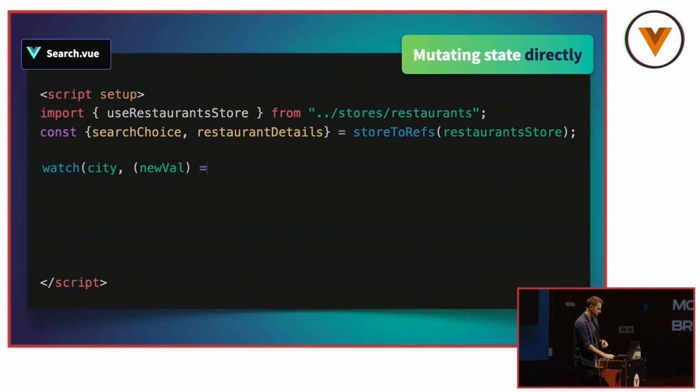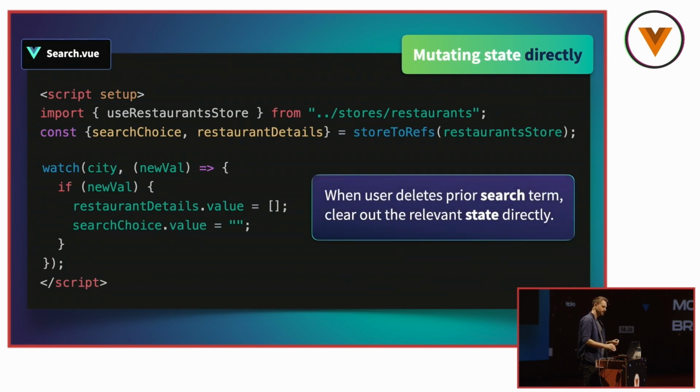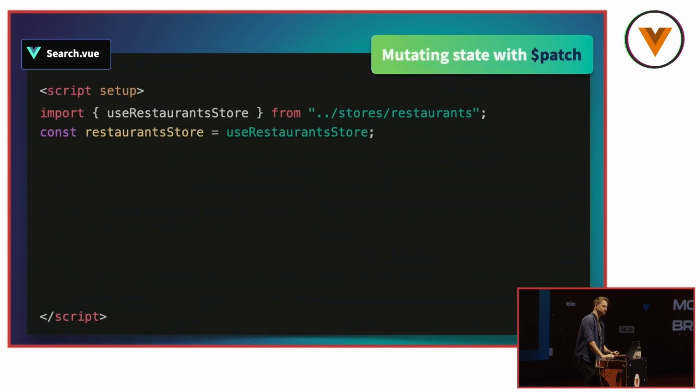So here, we have a watcher on the city value. And if the user deletes the city, then we clear out those state properties directly so the user can start a new search. And notice we're doing that line by line. Another way to achieve this is by mutating the state with the patch method.